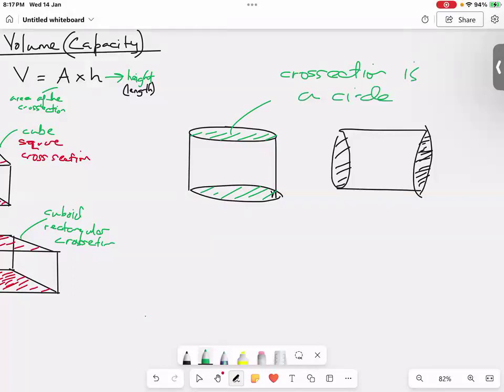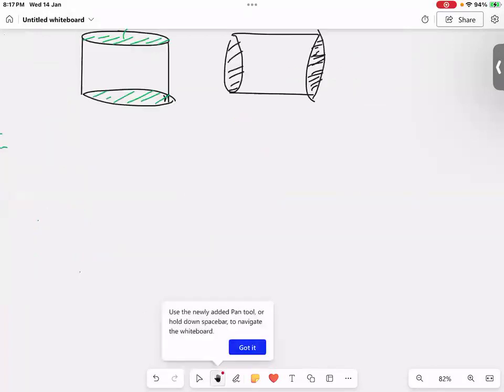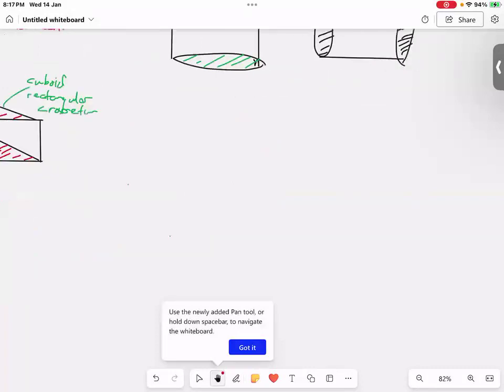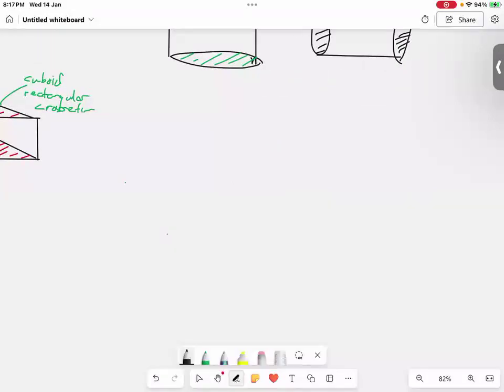Okay. Now, the next solid that we're going to look at is the solid of a triangular prism. We're going to move up here. So the triangular prism. Now, the best example I can give you for a triangular prism is a football goalpost.